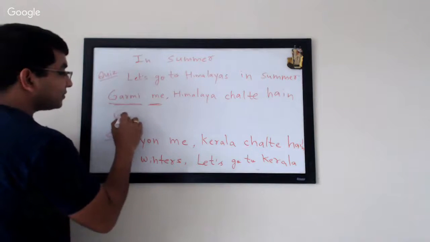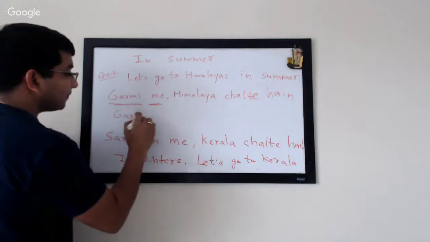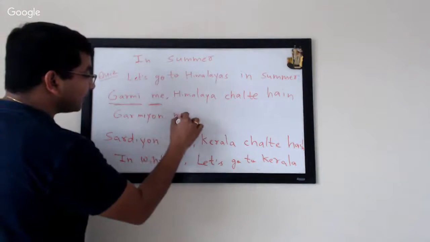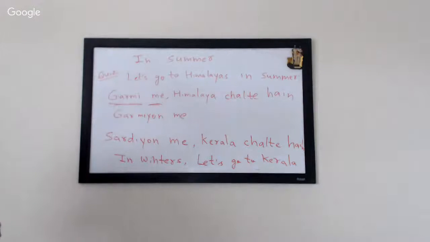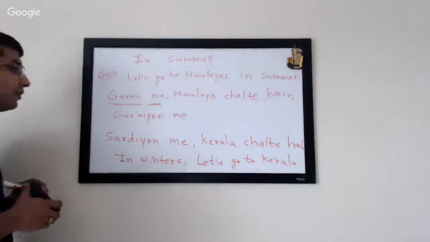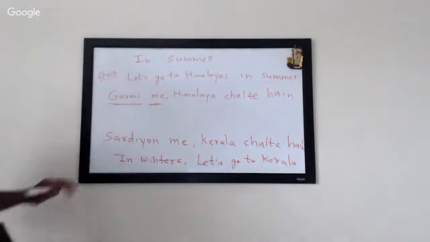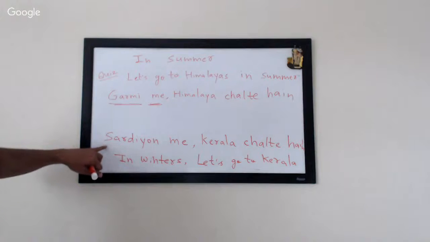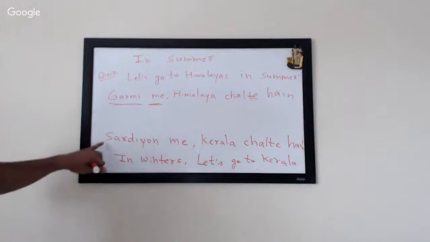So it becomes garmiyon mein, similar to sardiyon mein. Either way is correct depending on how you're saying it. If you want to keep it simple, you can say गर्मी में हिमालय चलते हैं और सर्दी में केरला चलते हैं. But if you're saying it in a plural sense, definitely remember that plural with a postposition becomes an oblique case, right?